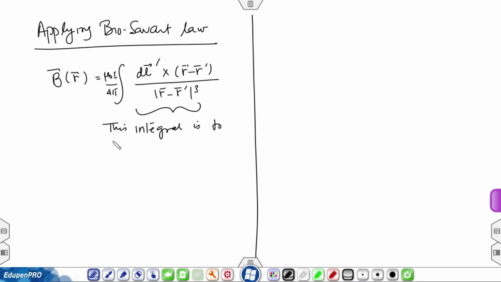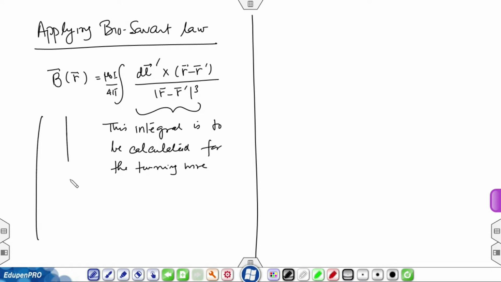It is to be calculated for the turning wire. Here is the turning wire, and it makes one turn to 2 pi and then moves up again.